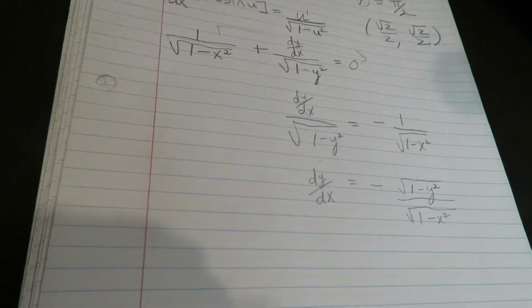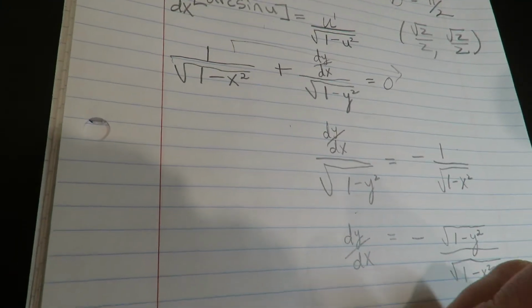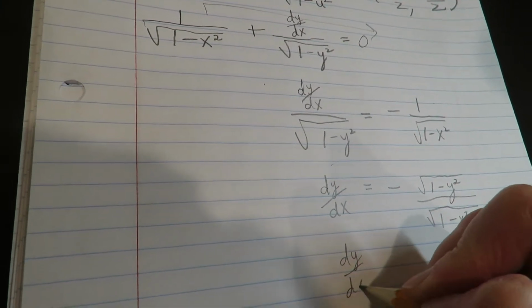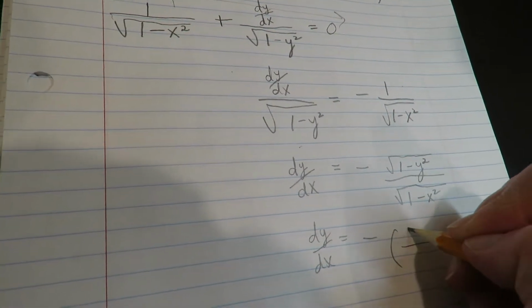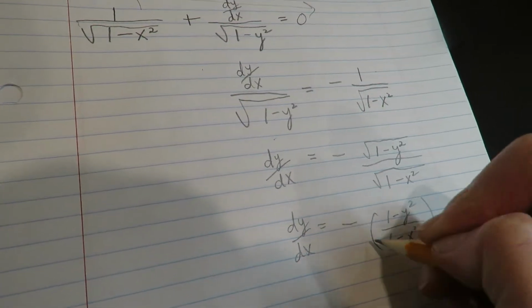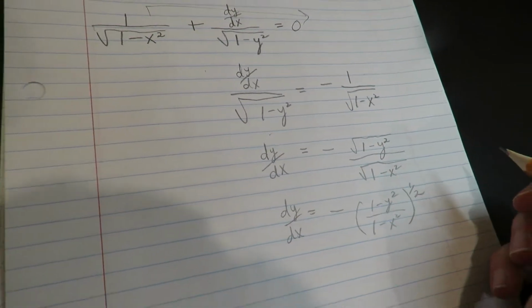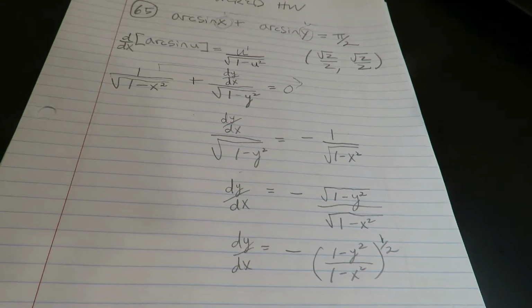They're both square roots, so you could put them all under the square root. You can even write it as its fractional equivalent, so you could put this all under the square root, or you could say to the 1/2. However you want to write it, this one's not too bad to isolate.